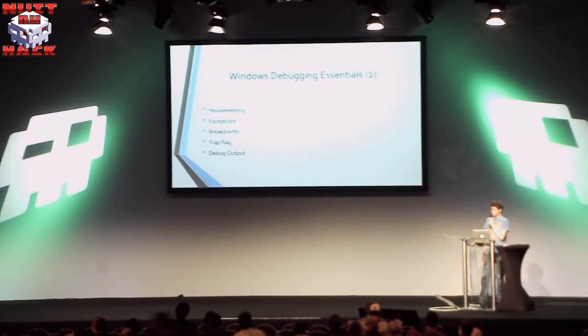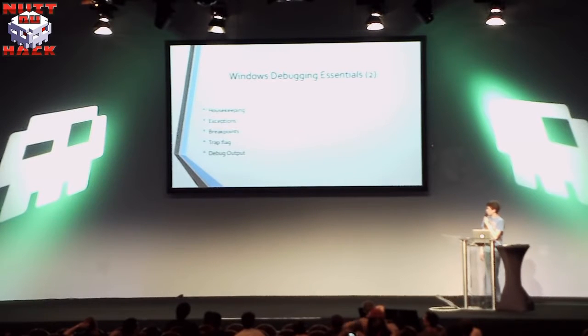And exceptions are also used to generate breakpoints. You insert an instruction somewhere that you know will always crash, and when the instruction pointer gets there, it will say, hey, there's an exception, and you can handle the breakpoint. So you can break the process and inspect the state.